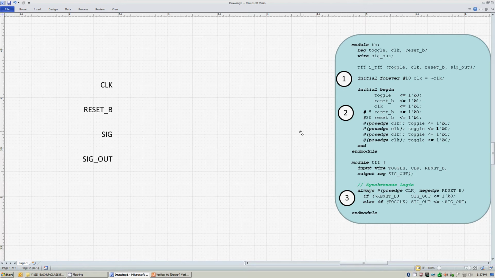Our simulator is sensitive based on the resolution of the time scale specified in our design. The time scale could be 1 nanosecond by 1 nanosecond, or 10 nanoseconds by 10 nanoseconds. That allows the simulator to increment in 1 nanosecond increments, meaning it models the circuit behavior in 1 nanosecond steps.